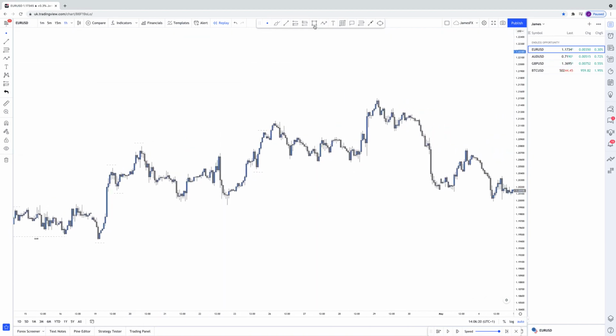And what we can see is this move that led to the swing point being broken from here created a valid order block, which can be refined on a lower time frame.